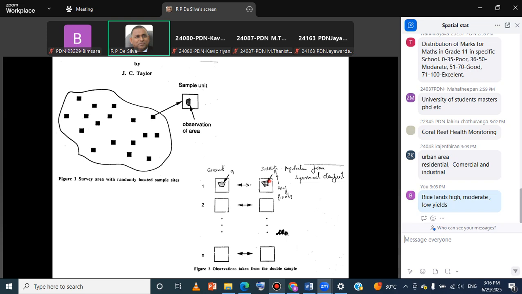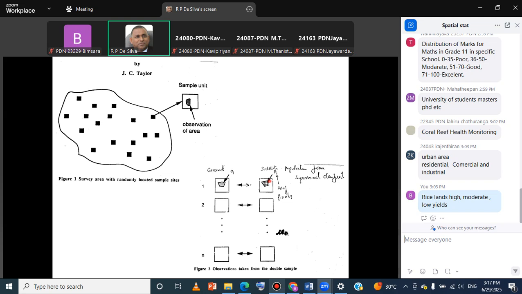And then, for example, you look at one area in the 2% sample you take, and inside that area you find a certain area under paddy. You take the image, identify that area, and extract the spectral characteristics of that area.